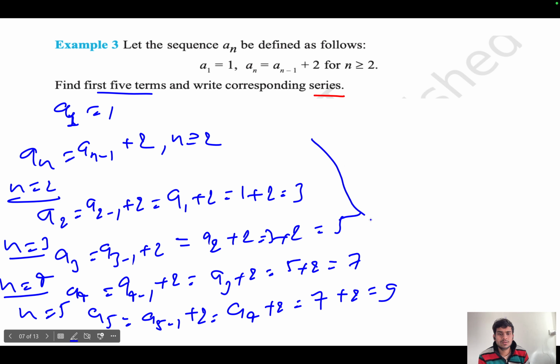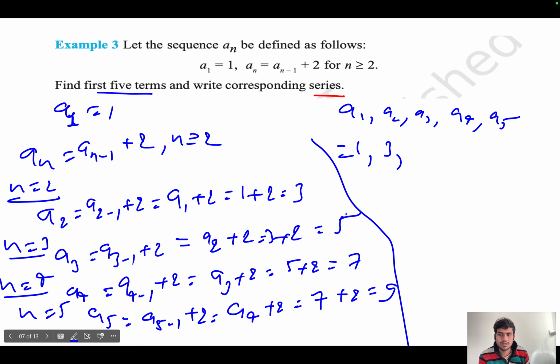So our sequence will look like a1, a2, a3, a4, a5, where a1 is 1, a2 is 3, a3 is 5, a4 is 7, and a5 is 9.